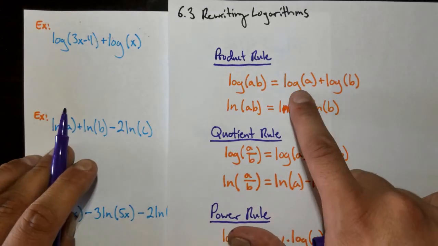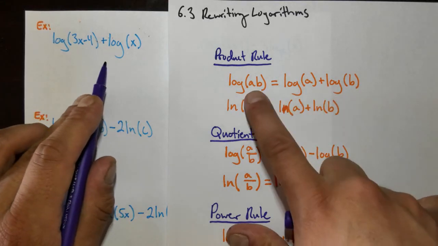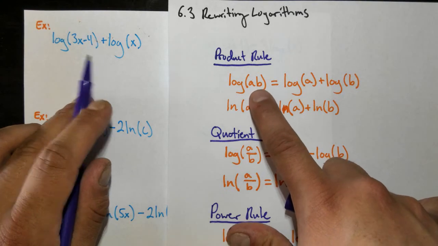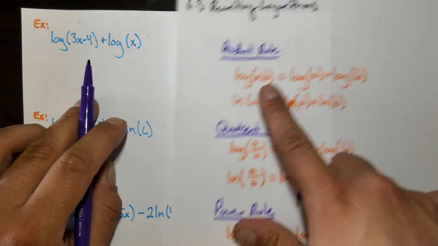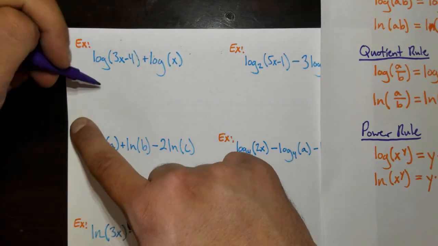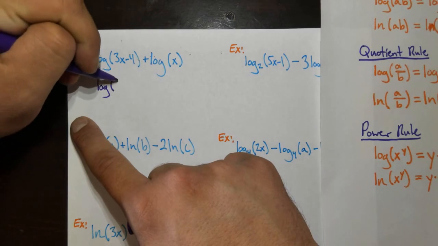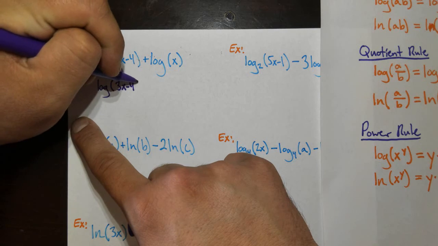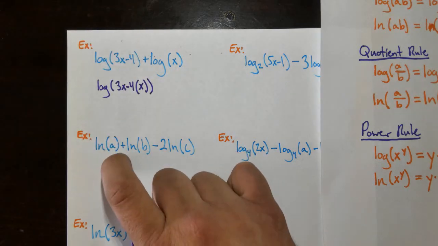And it looks like I have log of something plus a log of something, so I can rewrite it as one single log, but just whatever's inside of them are being multiplied to each other. So I can rewrite this as log of 3x minus 4 times x, just like that.